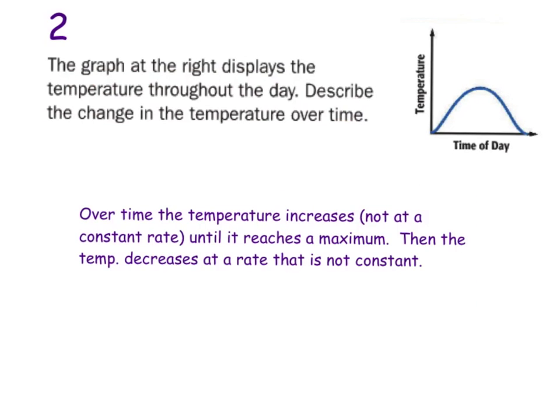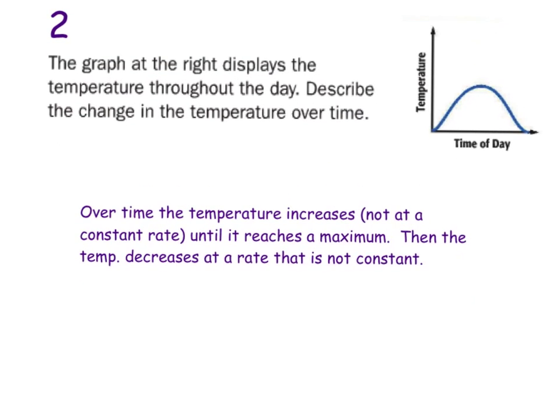So when you're describing a graph, remember first it has to be specific to the story. Second, you're talking about whether it is increasing or decreasing at a constant rate or not a constant rate. Remember, if it is linear, it's at a constant rate. So linear is a constant rate, and nonlinear is not a constant rate.